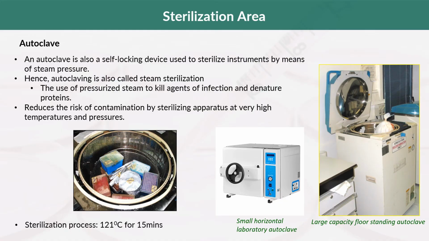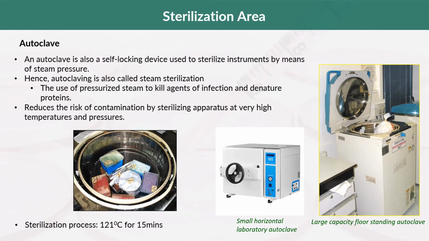Okay, so autoclaving is also called steam sterilization, where they use pressurized steam to kill all the different kinds of infectious agents and denature any types of unwanted proteins. All right, so you use this to reduce the risk of contamination by sterilizing any kind of apparatus that you may need at very high temperature and pressure.